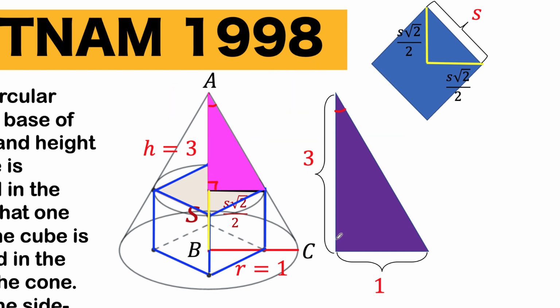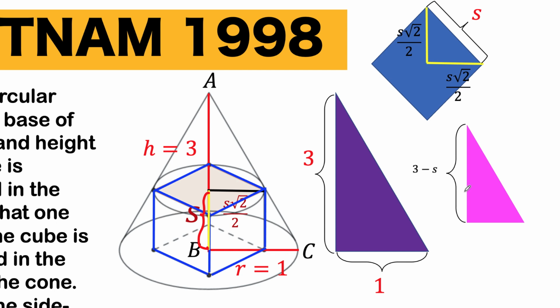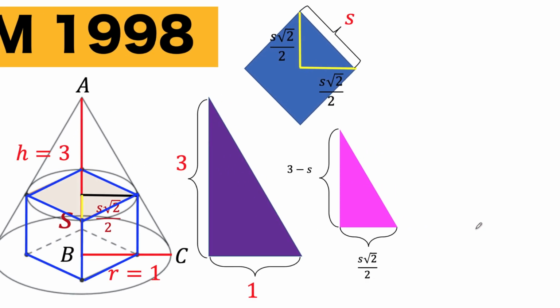They're both right triangles, and therefore the third angles are the same. So what are the dimensions of this pink triangle? Notice that the height of this would be the height of the cone minus this part, which is S. Therefore, its height is 3 minus S. The base of this pink triangle is this distance, which we said to be S times square root of 2 over 2. And these two right triangles are similar, and therefore we can now form a proportion.